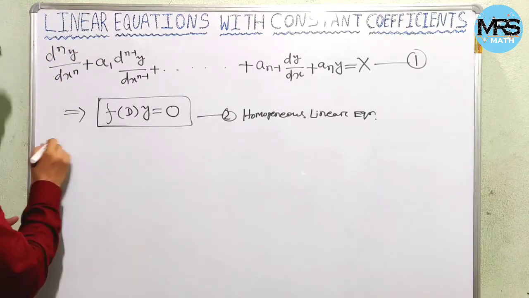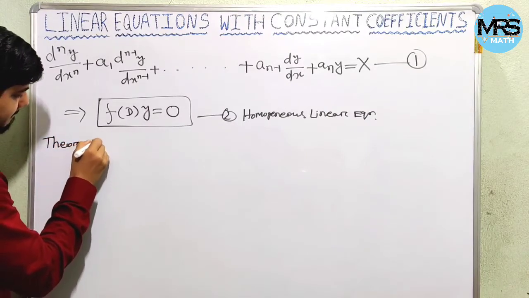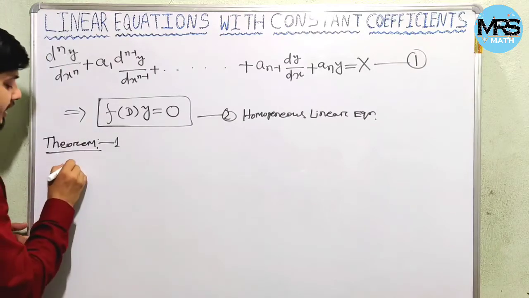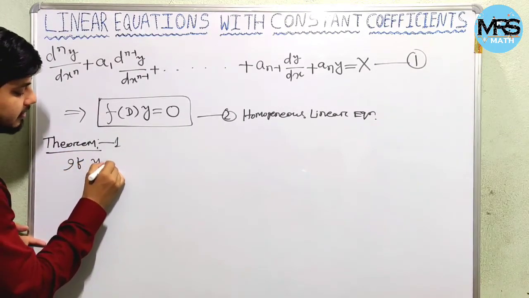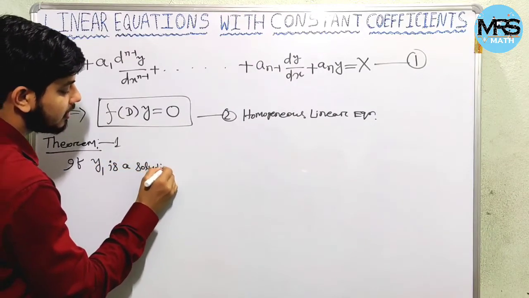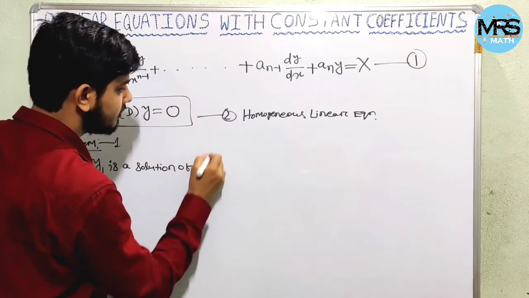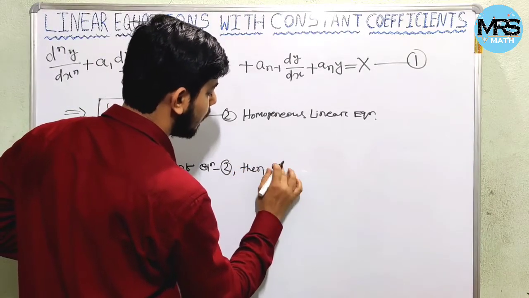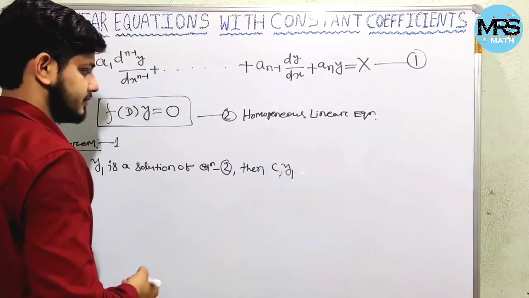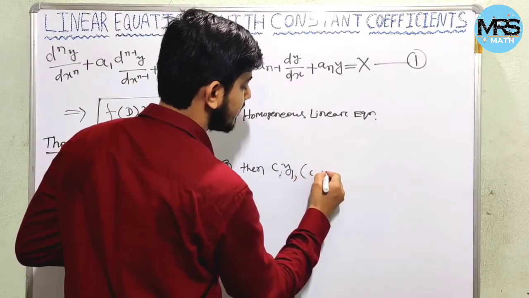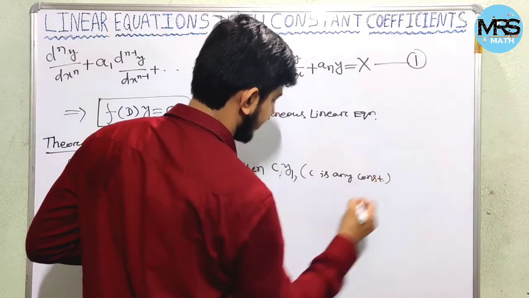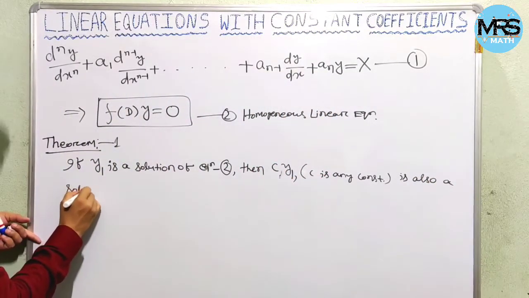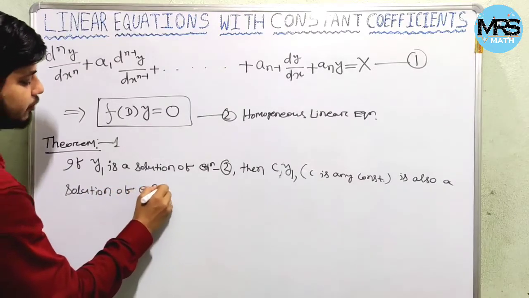First of all, let us say theorem 1. The theorem tells that if y1 is a solution of equation 2, then c y1, where c is any constant, is also a solution of equation 2.